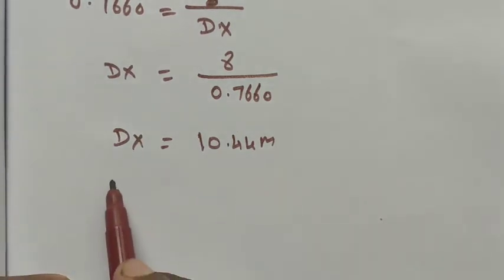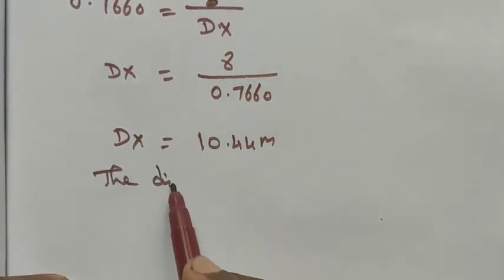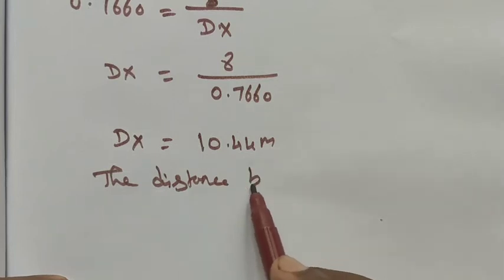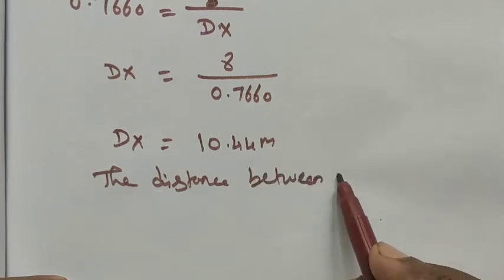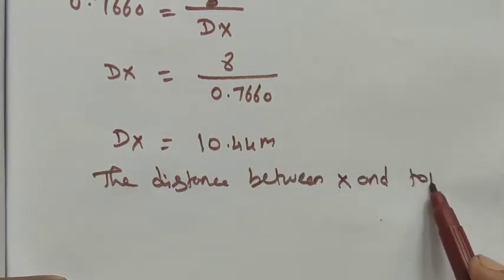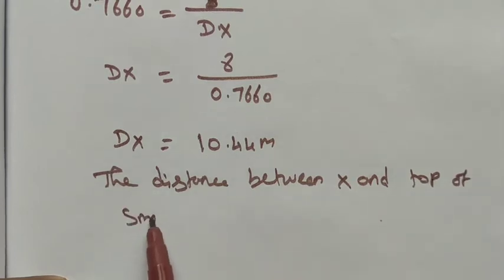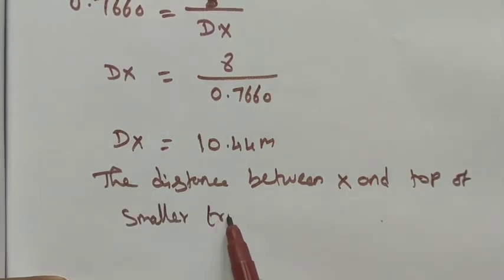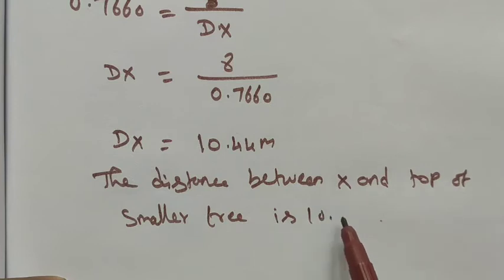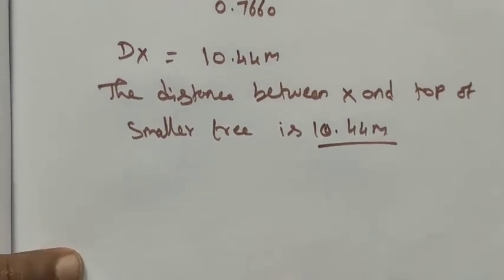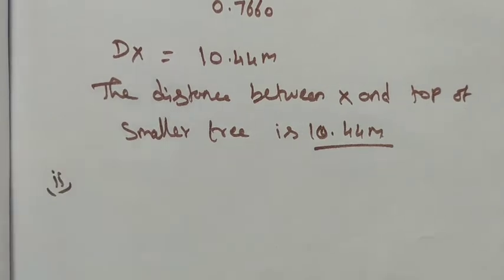The distance between X and the top of the smaller tree is 10.44 meters.